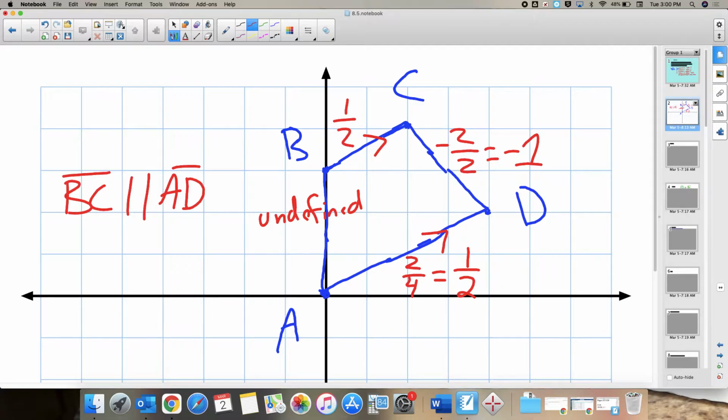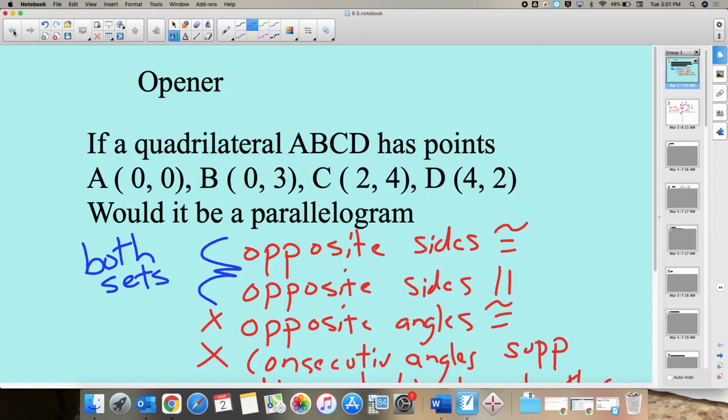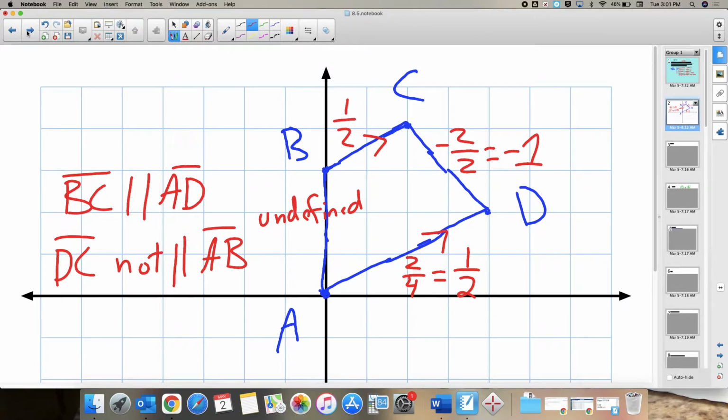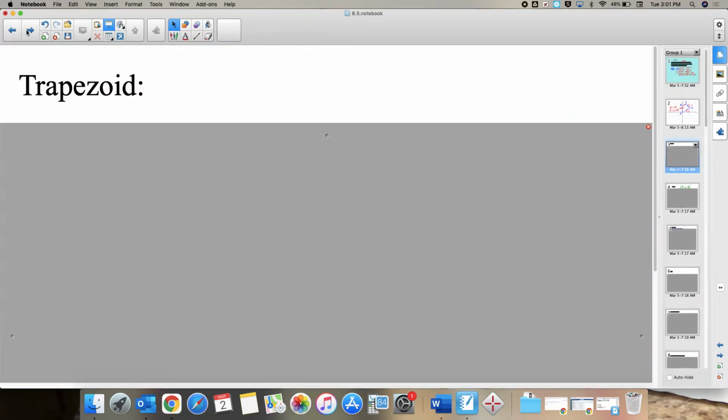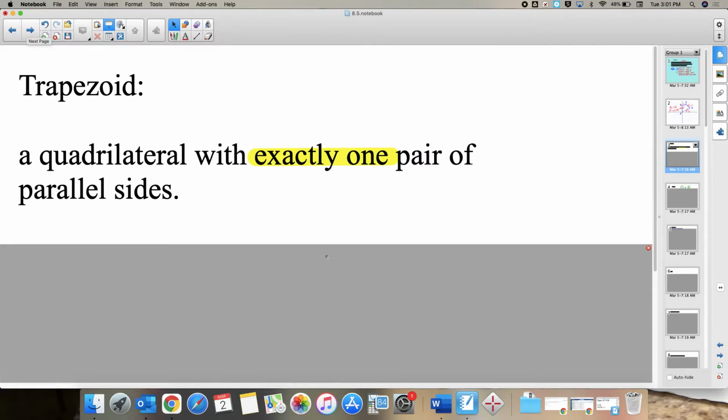When you have one set being parallel and one set not parallel, it is not a parallelogram. Instead, we're going to get into that shape today. Instead, this shape here will be known as a trapezoid. A trapezoid is a quadrilateral with exactly one pair of parallel sides. That means I have to show that I have one set parallel and one set non-parallel.